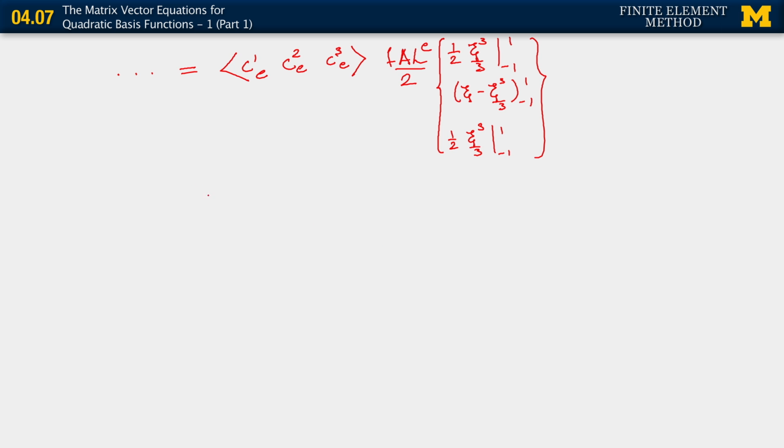When we compute these out, we see that we are left with c_1^e, c_2^e, c_3^e, f a h^e over 2, and here we get 1 over 3, 4 over 3, 1 over 3.